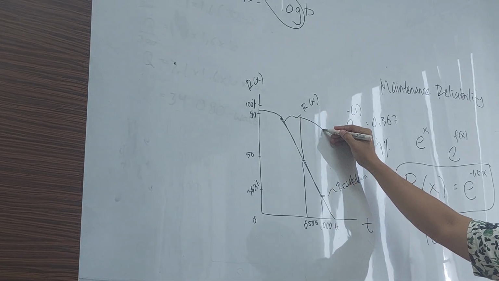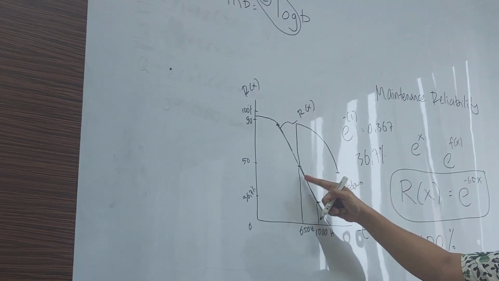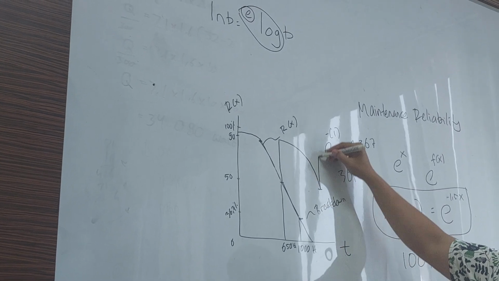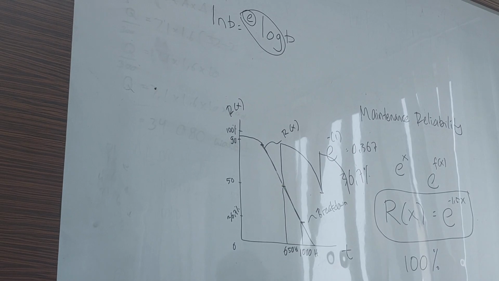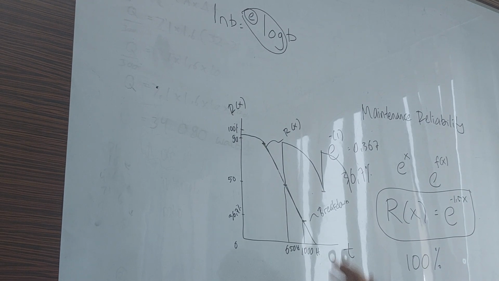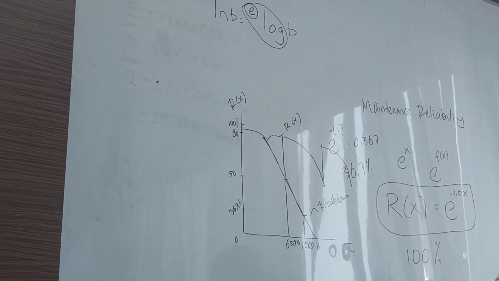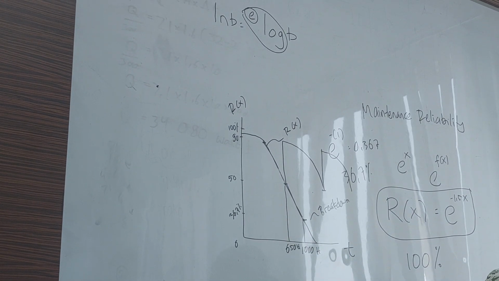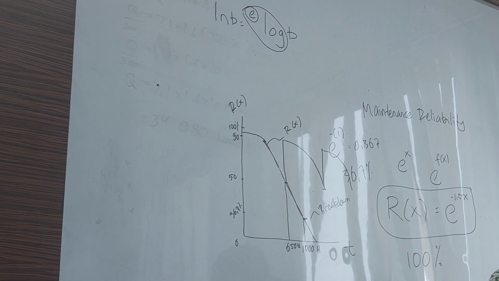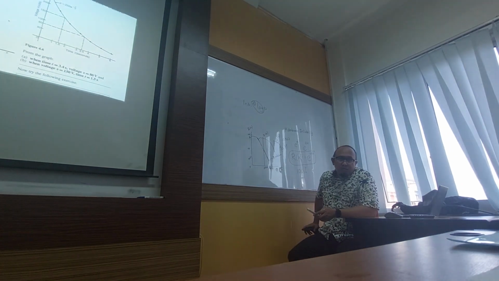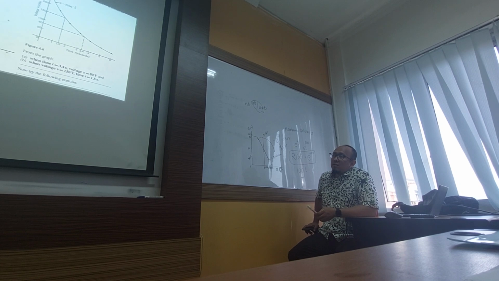Then continue again like this, and give the maintenance activity, then up again, then continue. So the company won't have any breakdown case for equipment, because sometimes for high risk equipment breakdown is forbidden. For example, a storage tank.